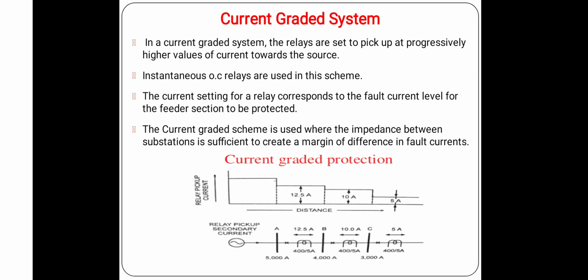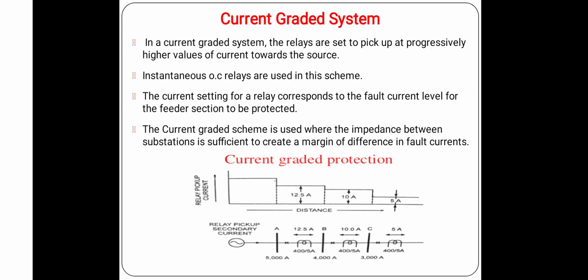The third difficulty in the current grading system is that during a fault there is a transient condition, and during this transient condition the performance of the relay is not accurate.